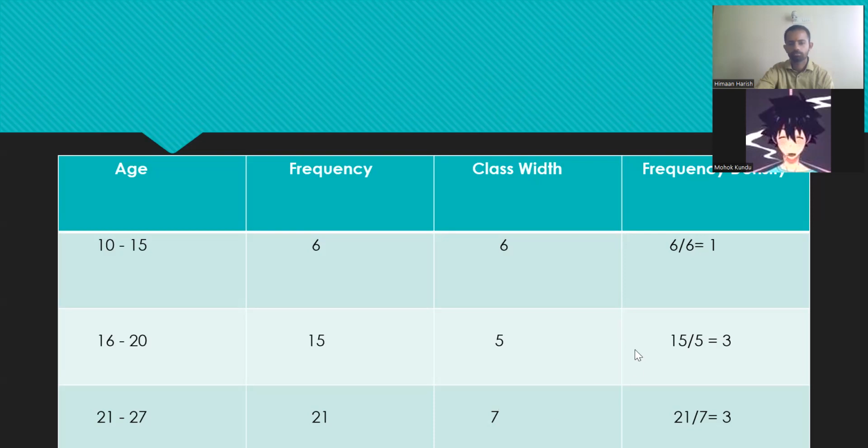Because there are 7 people in the age group. And how can we get the frequency of 21? It's already given, but it's because there are more people at the age of 21.